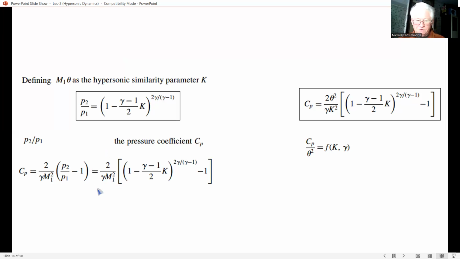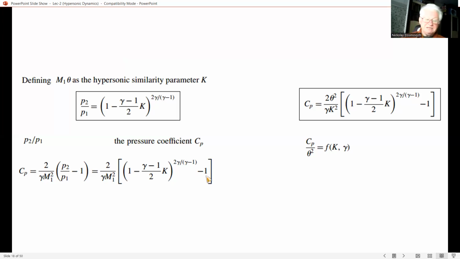The first component, 2 over gamma M1 squared, is identical, right? And this part is transformed into the next one: 1 minus gamma minus 1 over 2 K to the power 2 gamma over gamma minus 1, minus 1.